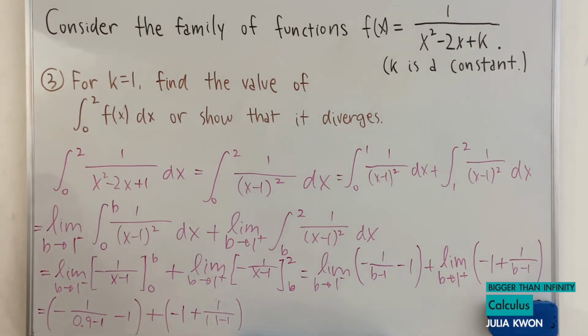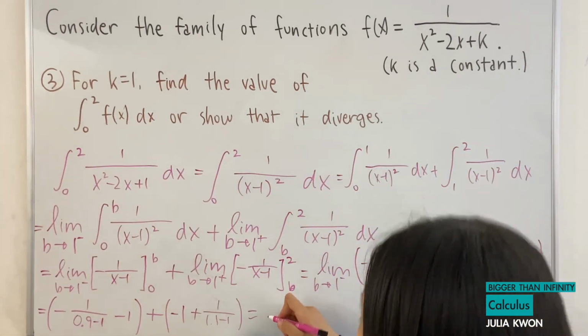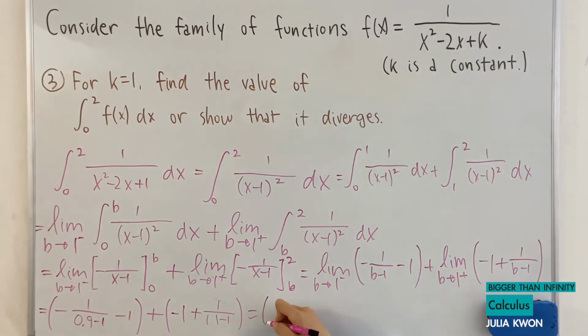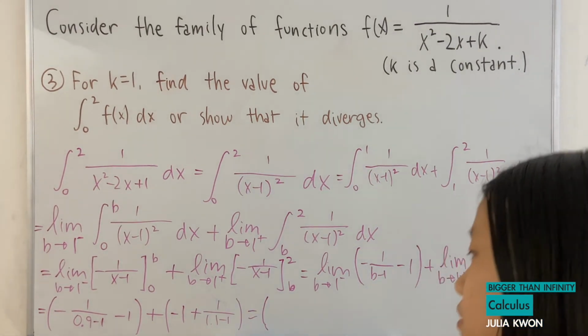As you can see, 0.9 minus 1 is negative 0.1.